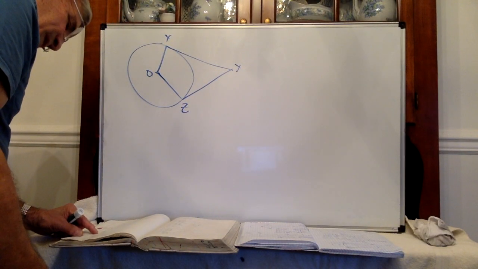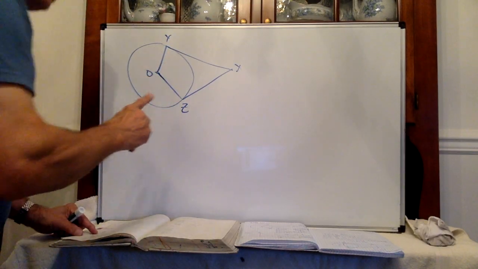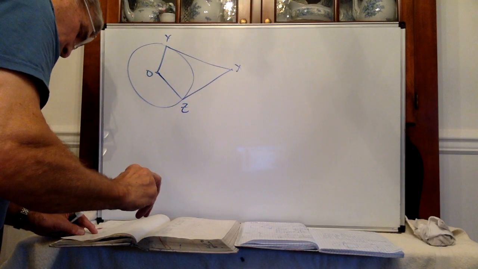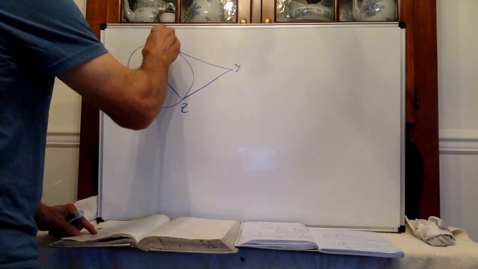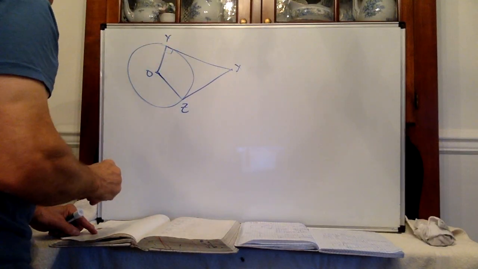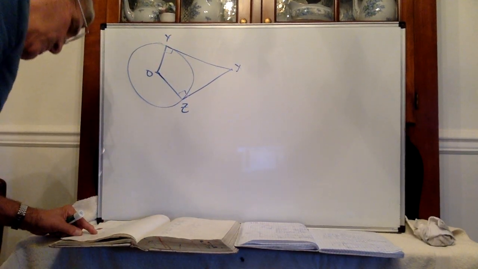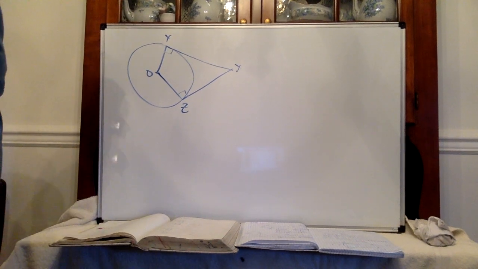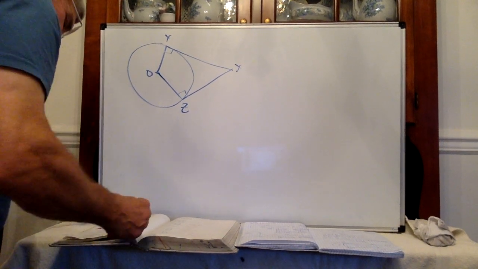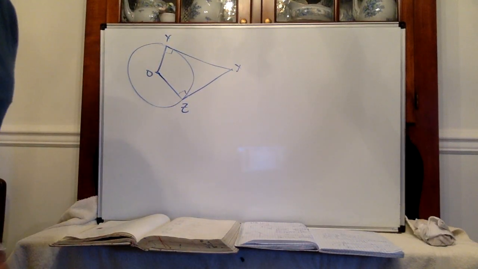Again, this is not drawn to scale, doesn't matter. You were told YO is perpendicular to YX, and you were told that OZ is perpendicular to ZX. And they wanted you to prove that YX and XZ are congruent.